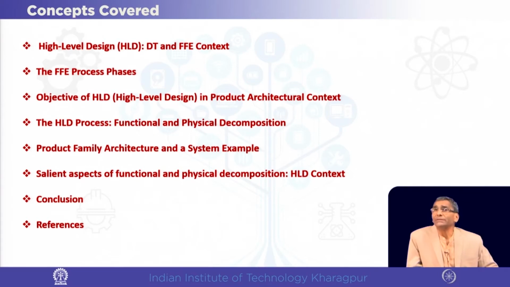Now, this decomposition has two aspects. One is the functional decomposition, that is, what are the different functions this product or this system has to perform. And when we are talking of functions, how that would be materialized, that means through which component or element or part it will be materialized, is the physical decomposition.